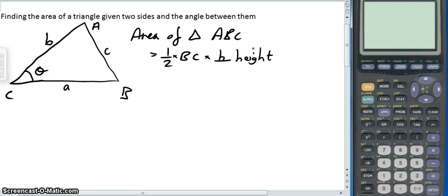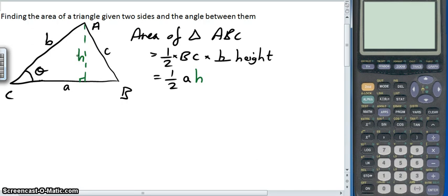Well, we know the length of the base is BC equals A, so we've got 1/2 A, and then we'll call the height H. And where is that height? Well, I'm just marking it on the diagram now. We'd have to do a perpendicular line with H there.